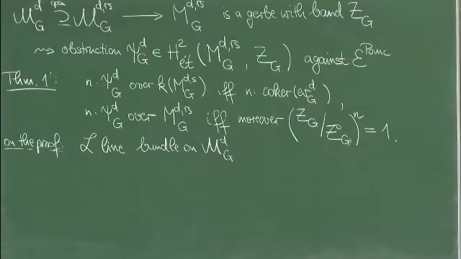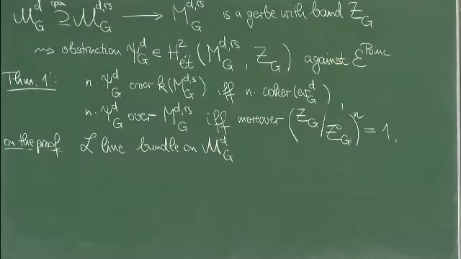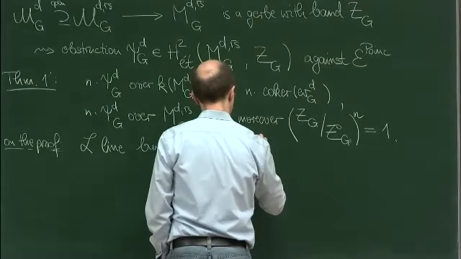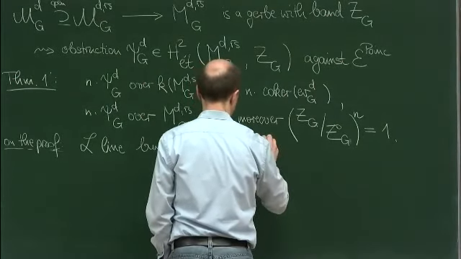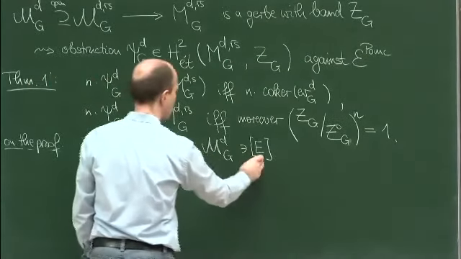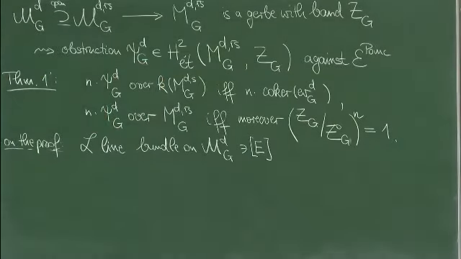So if we have a line bundle on the moduli stack, well then, let's look at one point in the moduli stack. A k-valued point, if you like, is given by a principal G bundle E defined over the curve C. So that's a point in the moduli stack.